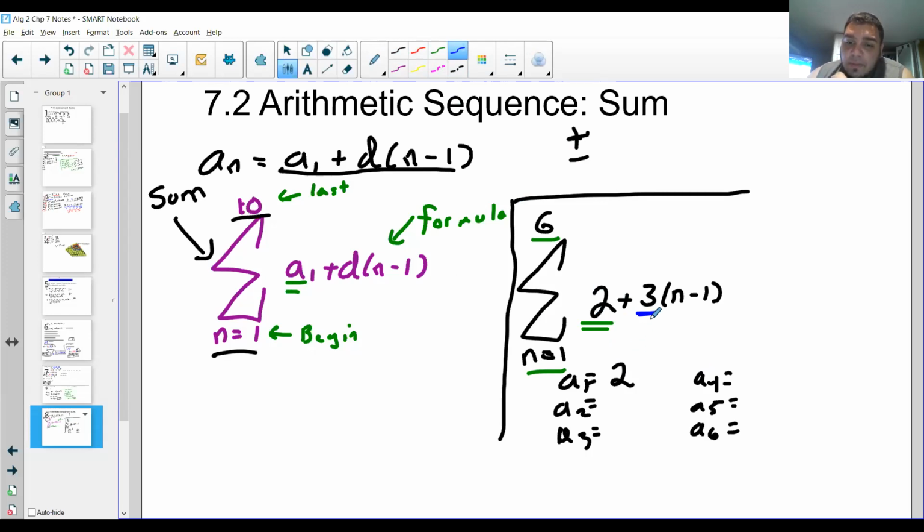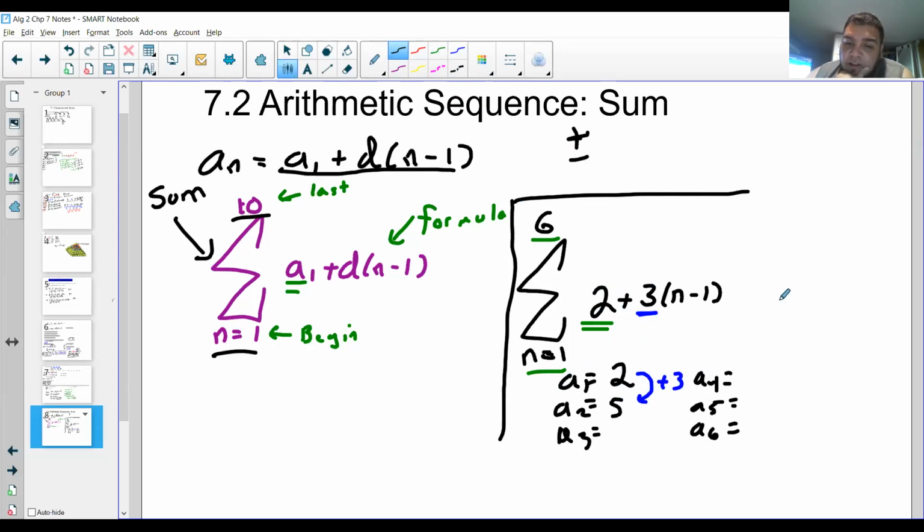And since d is the pattern over here, I can use the pattern to my advantage. Since this is a positive 3, I could do plus 3, which gets me my next. Say it again, why do you have a 2 there? Aren't you supposed to do like 2 plus 2 and then 1 minus 1 or something?